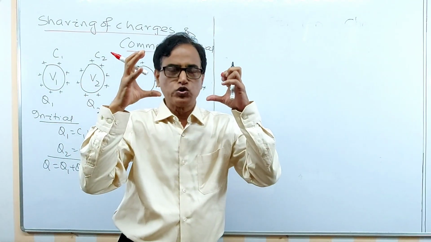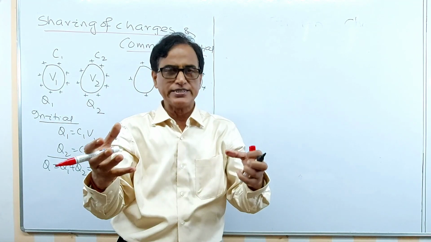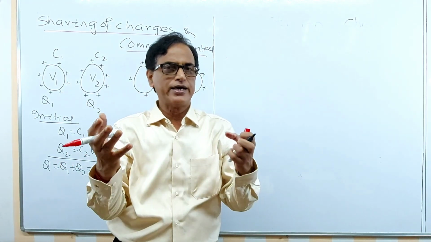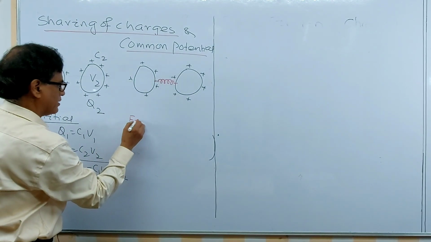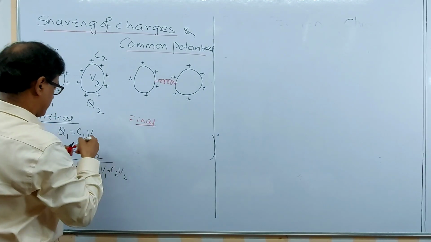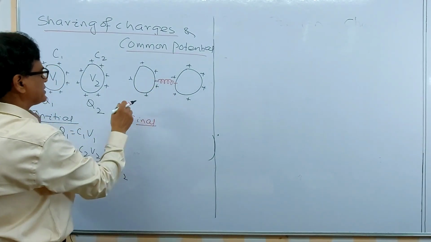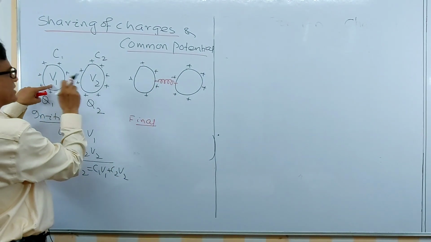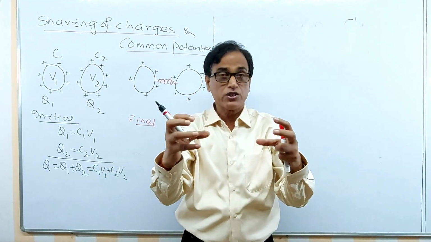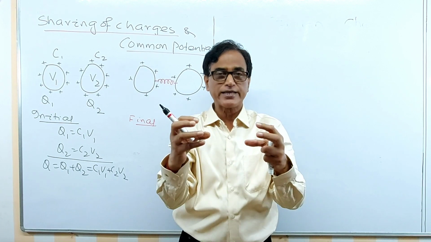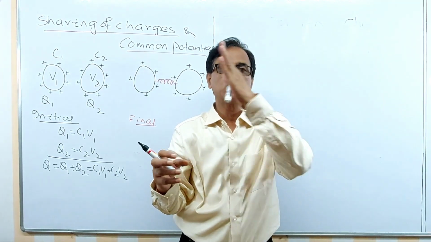There are two charged bodies having certain capacity, certain potential, connected at initial, and this is final. In final, what happens? They are connected by a conductor. This is one potential, this is another potential. Two bodies are at different potentials, and we know whenever they are connected, the charges can flow from higher potential to lower potential.